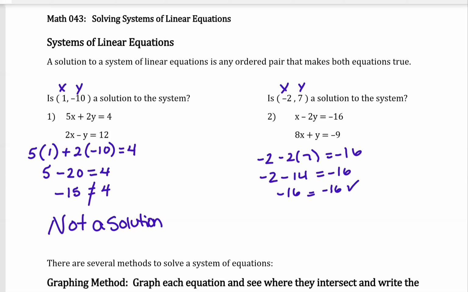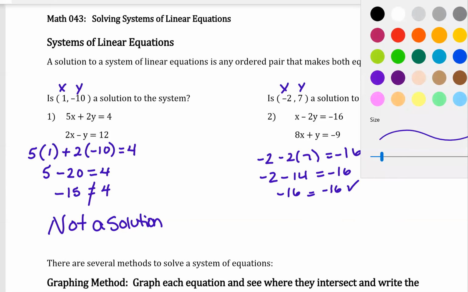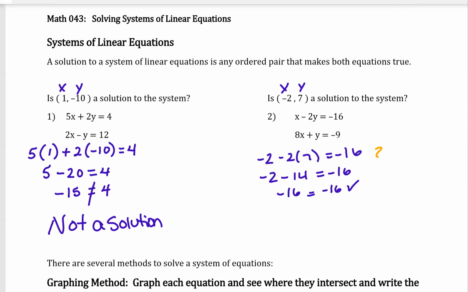So that works for that equation. So it works in both of them. So you must state that yes, it's a solution.